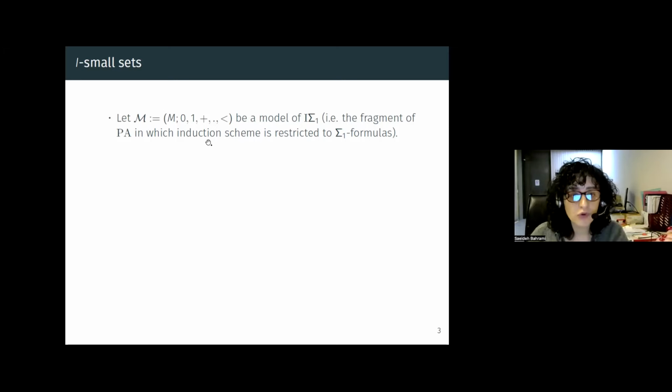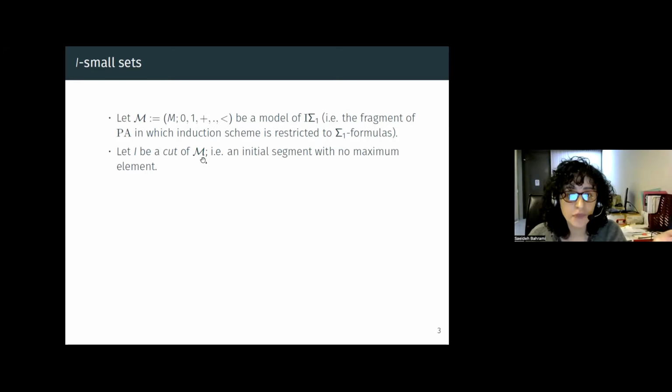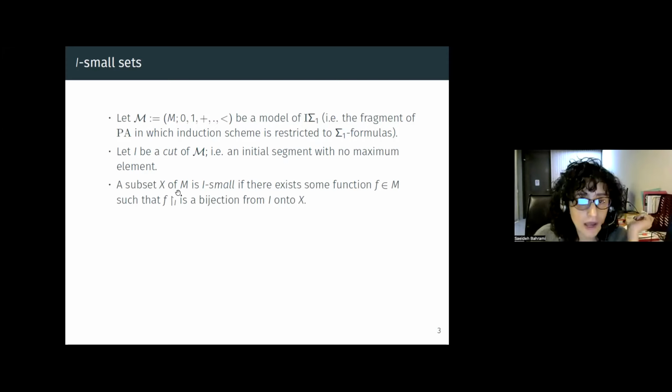From now on, whenever I'm talking of M, I mean a model of I sigma 1. And whenever we have a cut I of M, which is an initial segment with no maximum element, a subset X of M is I-small whenever, from the point of view of the structure M, X has the cardinality of I, or to be more exact, there exists some coded function in M whose restriction to I is a bijection from I onto X.